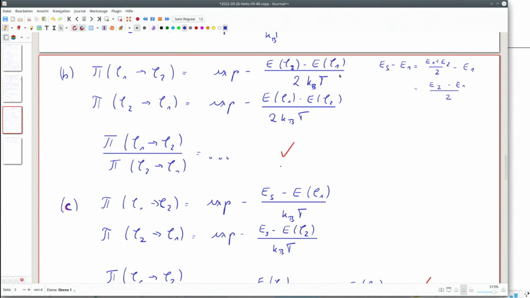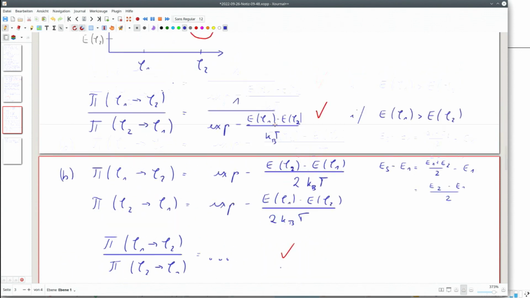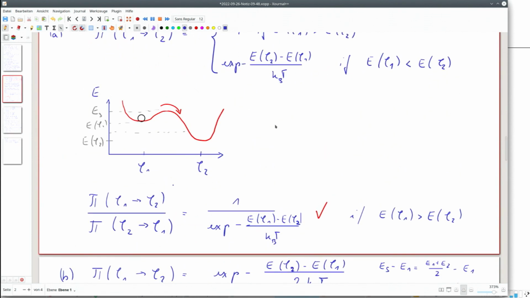One of these is larger than 1, one is smaller than 1. So in one of the cases, you always do the exchange. And then you have a wrong factor of 2 in the denominator here.